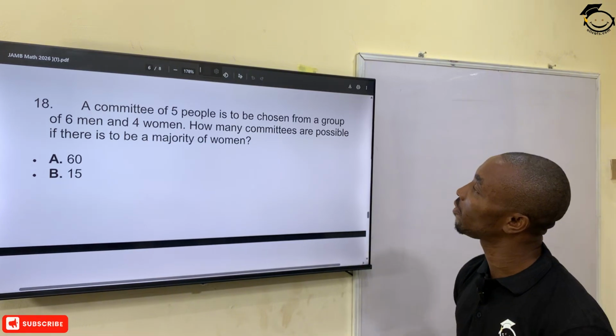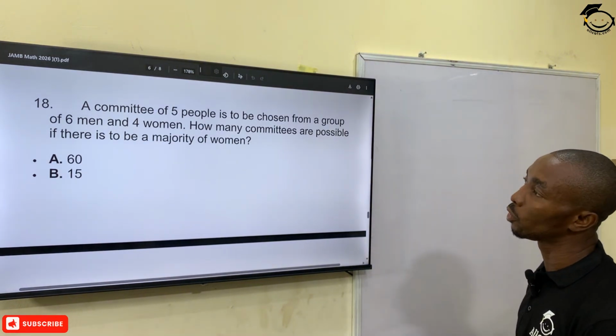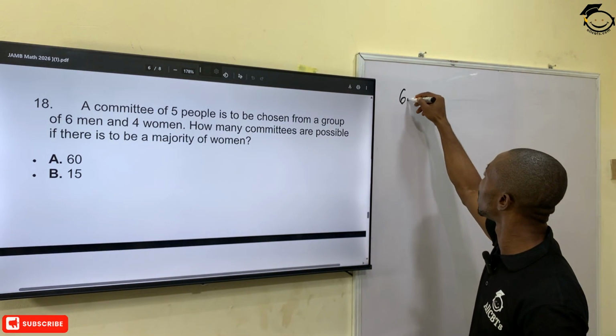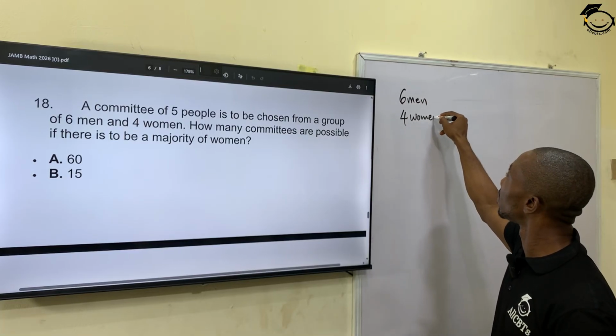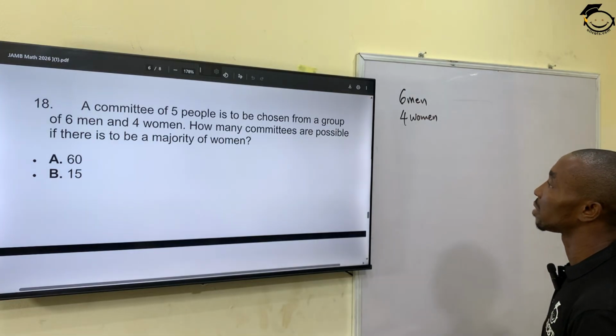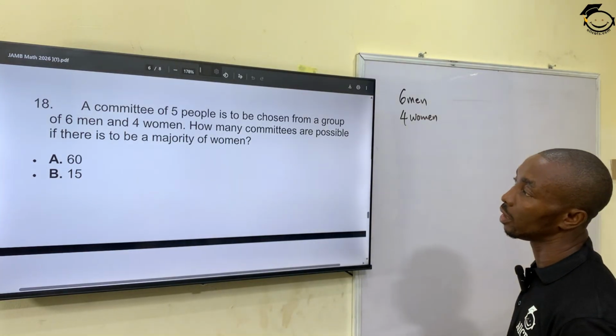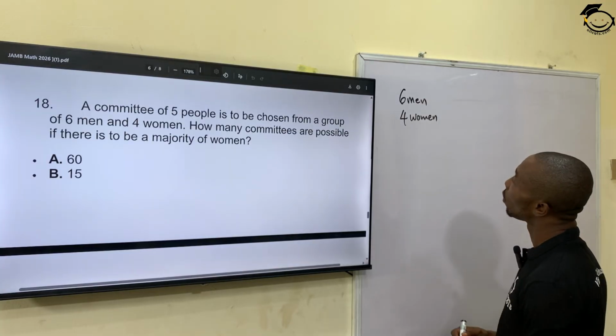A committee of 5 people is to be chosen from a group of 6 men and 4 women. How many committees are possible if there is to be a majority of women?